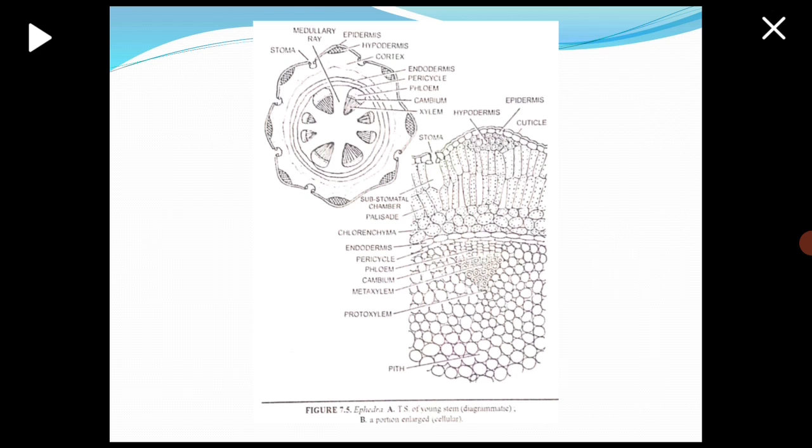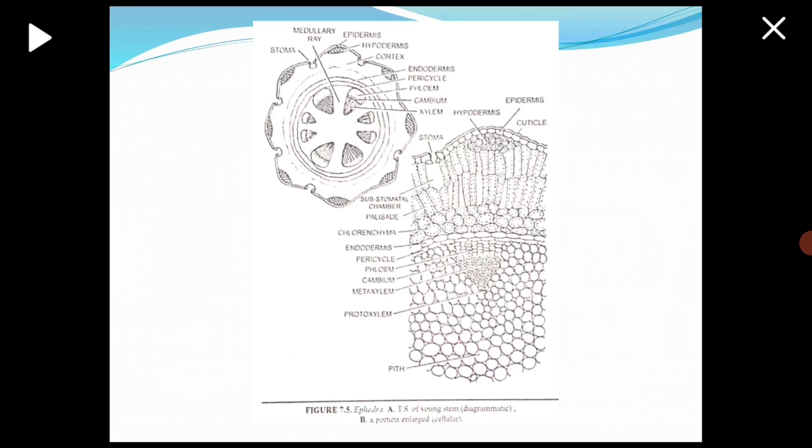Inner to the epidermis is the hypodermis. In the hypodermis, patches of thick walled sclerenchymatous cells present below the ridges represent the hypodermis. Hypodermis provides mechanical strength to the plant.